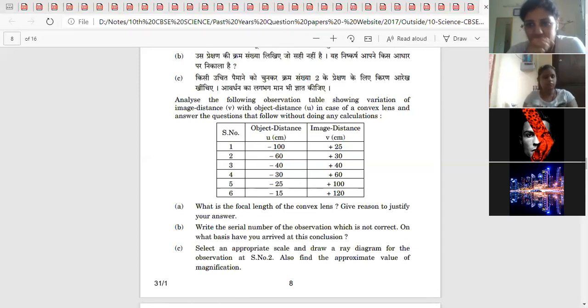So you can consider 10 centimeter equal to 1 centimeter of your paper, or 15 centimeter equal to 1 centimeter also you can consider, because 15, 20, 30 and 60 values, 30 and 60 are divisible by 15. So that also you can consider.